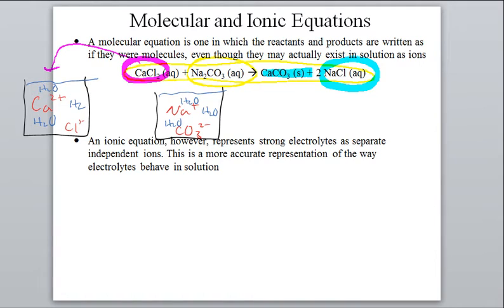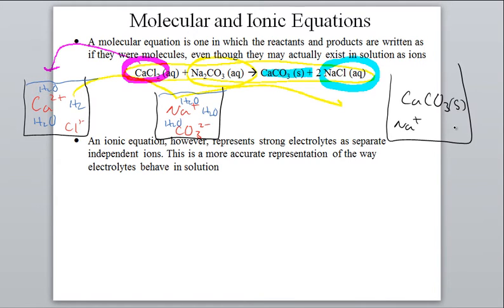So we'll keep drawing a picture and show that these two were mixed together into a larger beaker. And in that larger beaker, the calcium and the carbonate would form the solid. The sodium ions and the chloride ions were still AQ. And water is just the medium in which the reaction is occurring, so there'd be lots of H2O molecules.